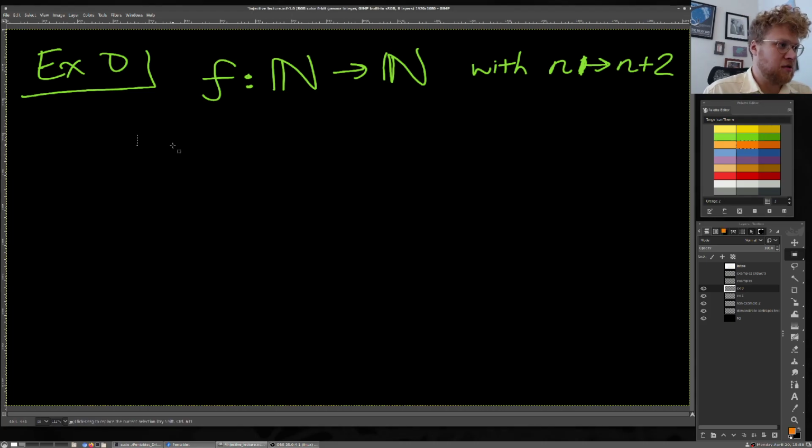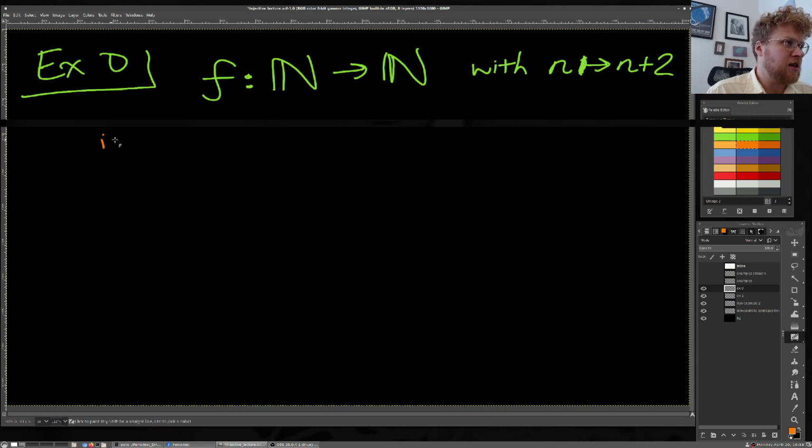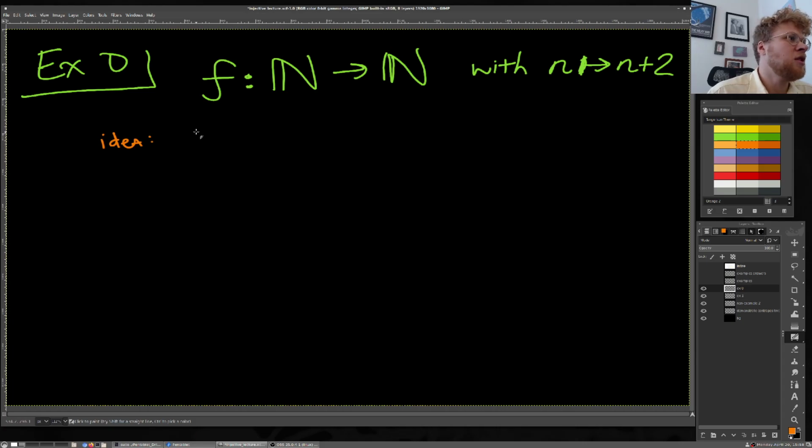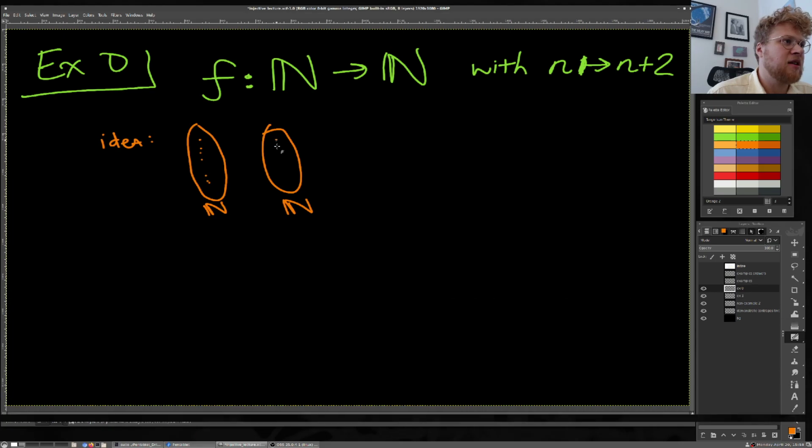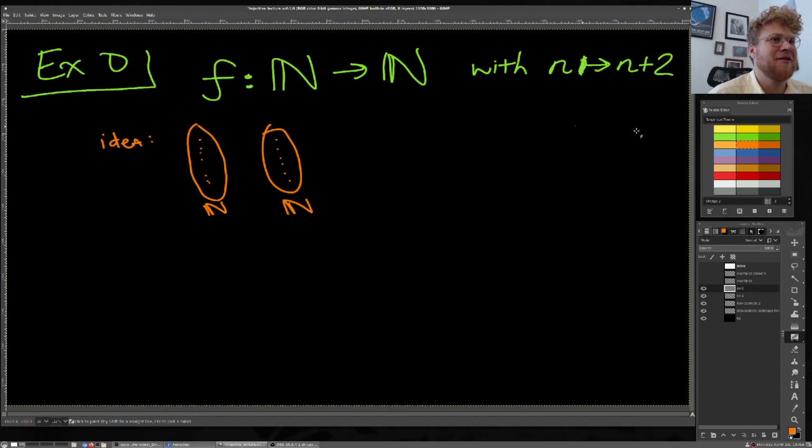So we'll call this the idea. Always a good idea to sketch out our proofs first. We can imagine, even though it's an infinite set, we can still picture this mentally as a circle box diagram. And you can see I spent way more time on the previous slide. This is me trying to do it quickly.